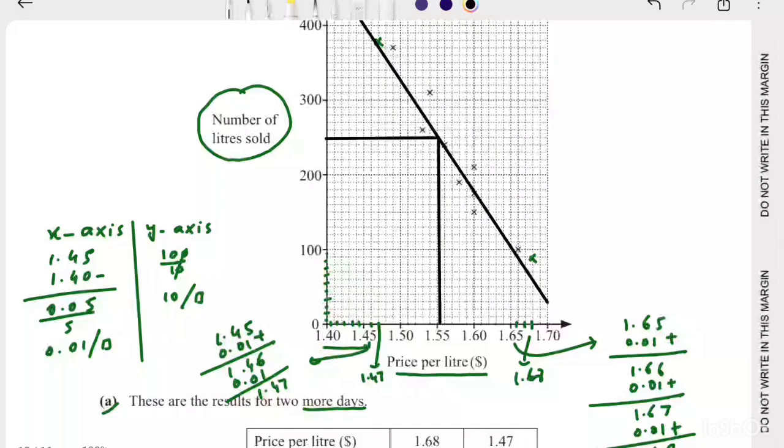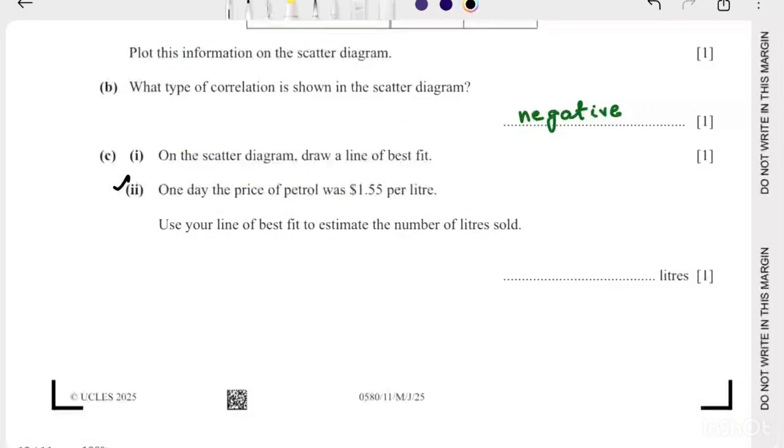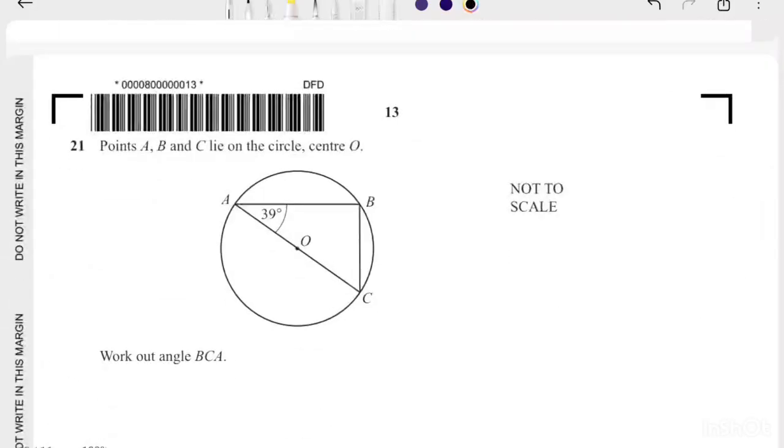So it will be 210, 220, 230, 240 and 250. 250 would be the answer for this part. Next question.